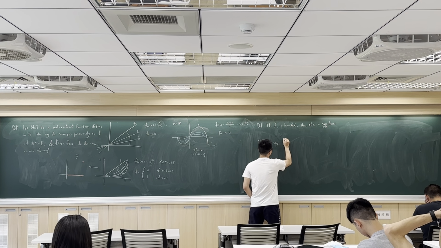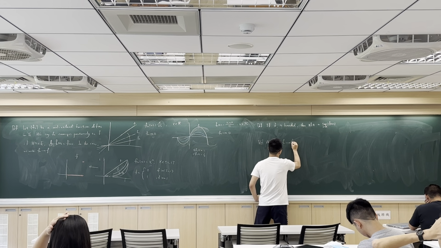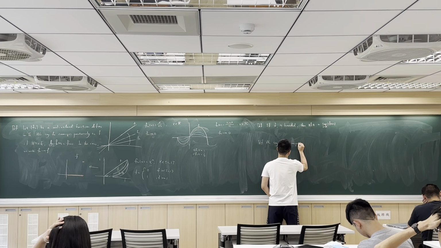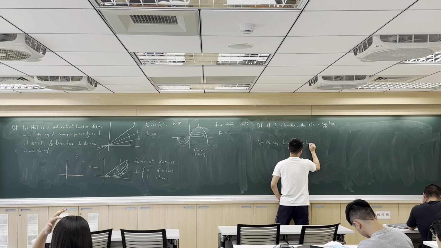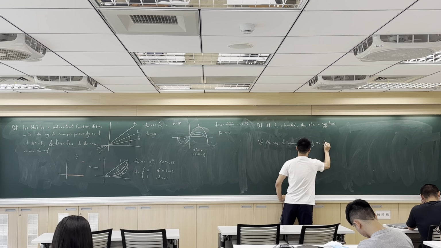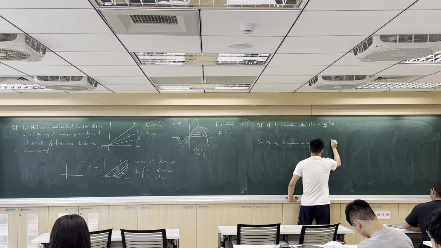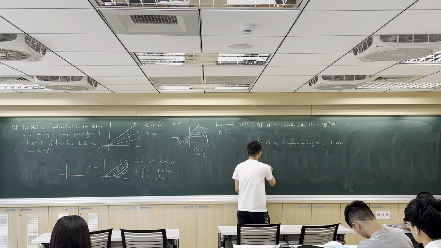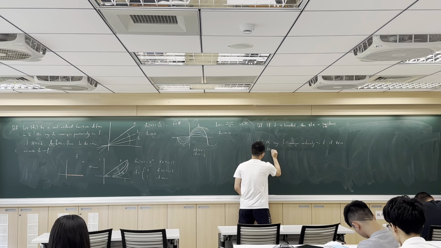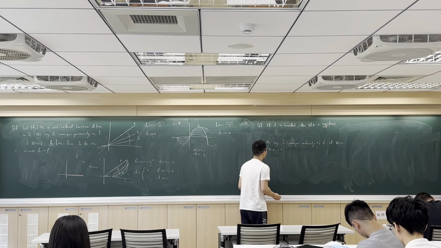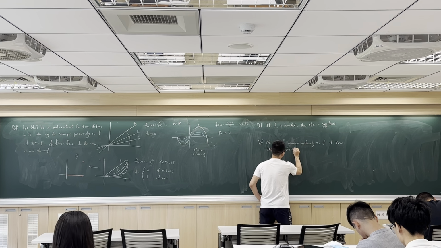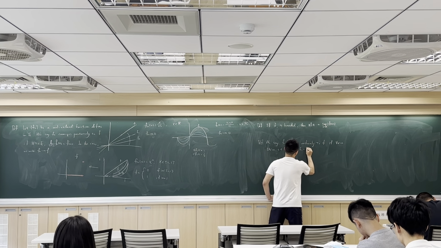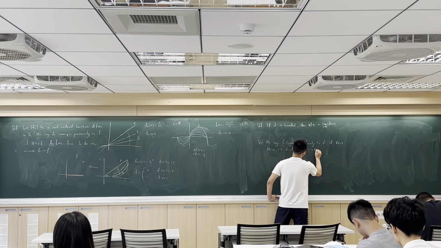We say Fn converges uniformly to F if for all epsilon larger than 0, there exists N such that for every n larger than N, the distance between Fn and F is smaller than epsilon.